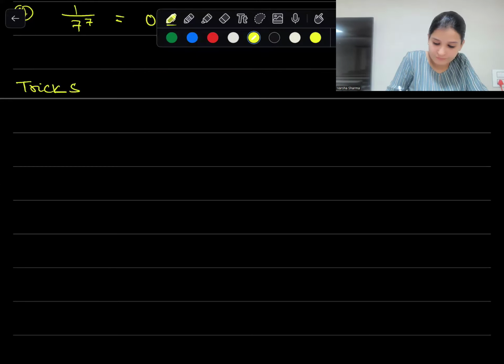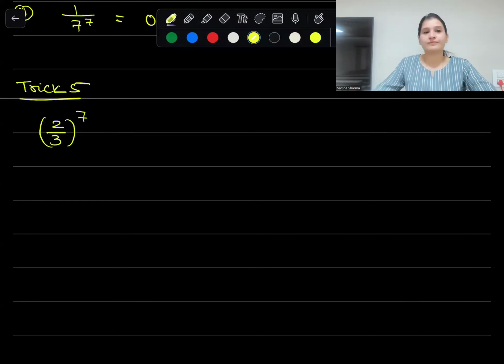Trick 5. Now you see, right now the division was 1 upon something. But if the division is 2 by 3 upon 7, if the task is to find 2 by 3 raised to the power 7, then what do we do? First, let me explain. Please understand.